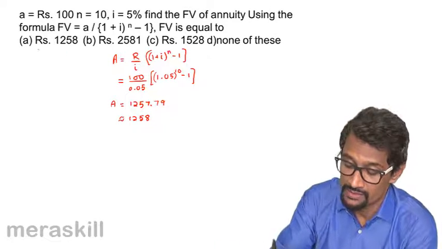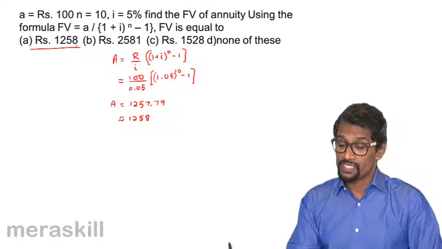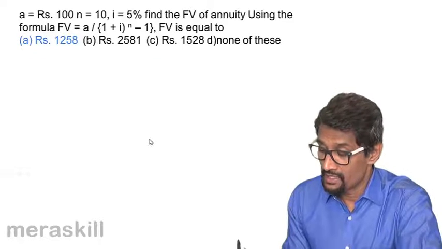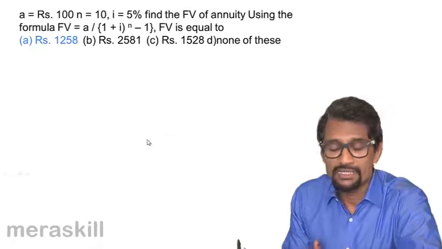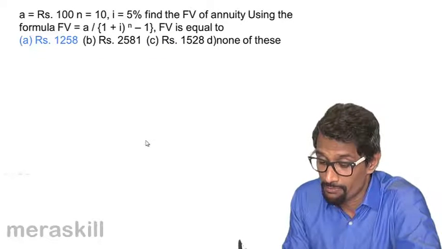So among these, this is the right answer, 1258. Let's check it. Yes, right. So these examples are directly given the formula and you just have to substitute, just as a warm-up.